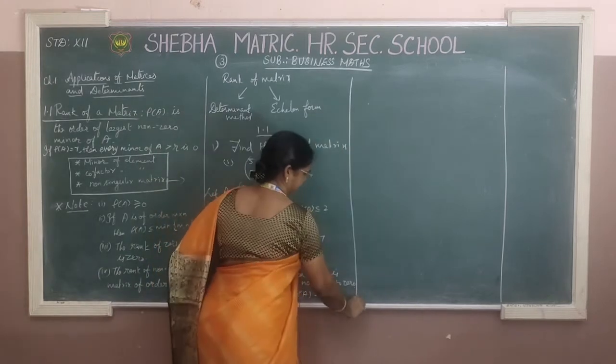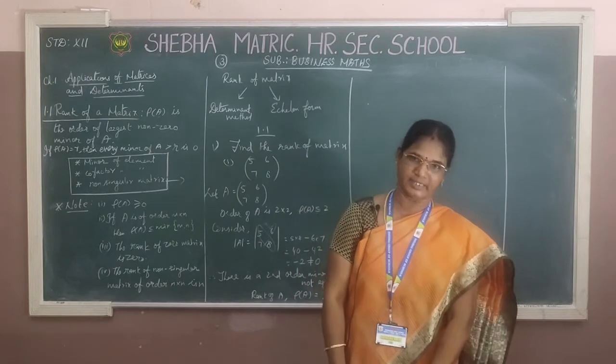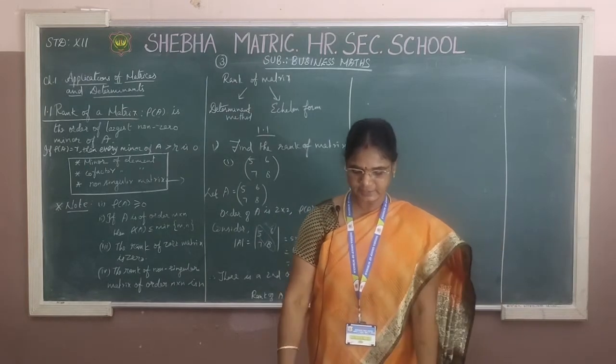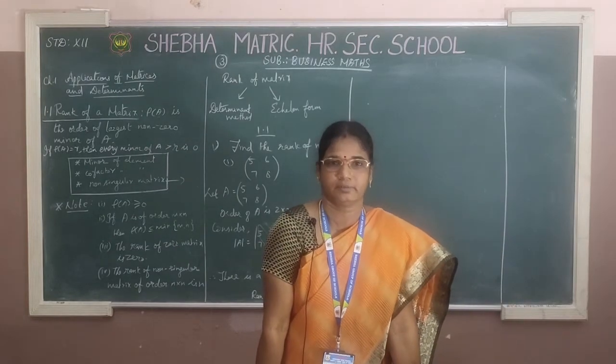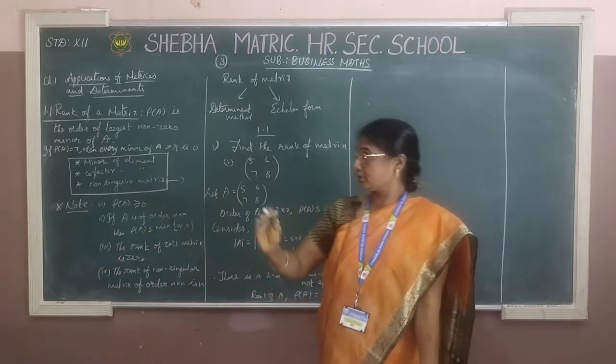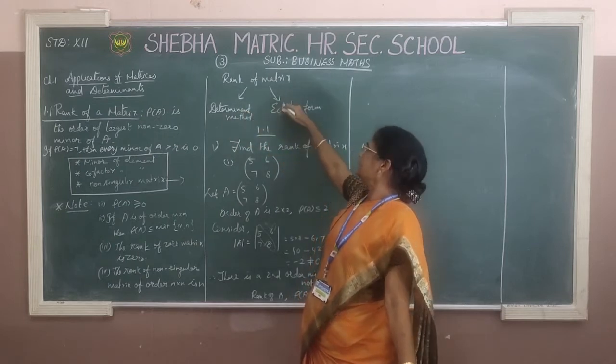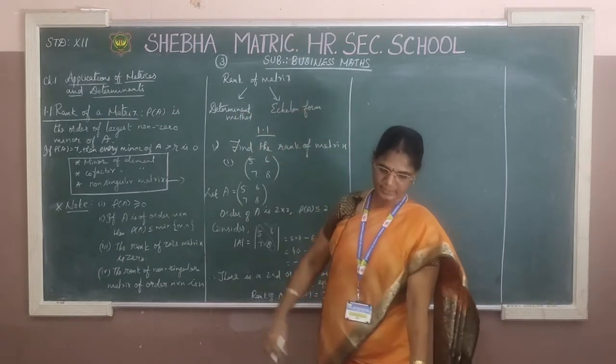Okay. Next, we are going to see the 3 by 3 matrix or third order matrix. In this first exercise, we have 8 sums. First 5 are to be done in the determinant form. 6th, 7th, 8th use echelon form. Okay.